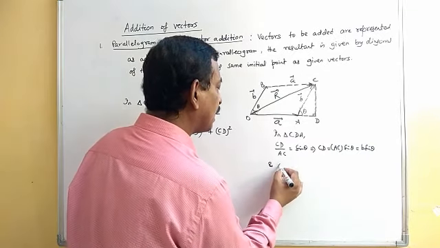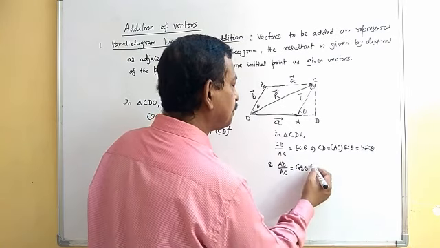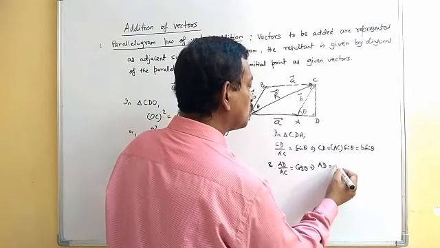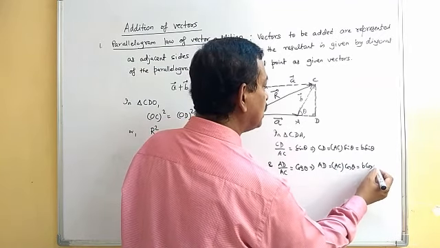And AD by AC will be cos theta, so AD will be equal to AC cos theta, and that is B cos theta.